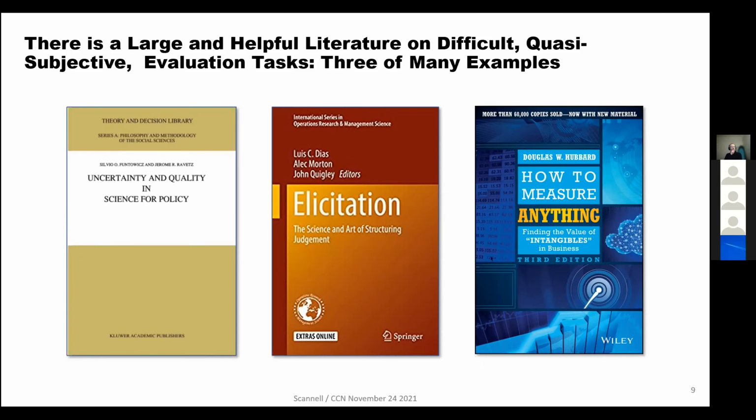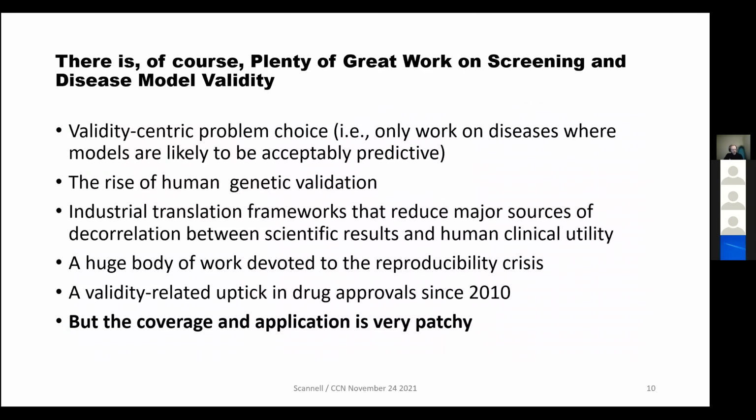The Funtowicz and Ravetz book is wonderful if you think about measurement and communicating numbers and uncertainty. And the book on the right is just remarkably practical and very easy to use. And again, I don't want to understate how much work goes on to think about whether models are good or bad.